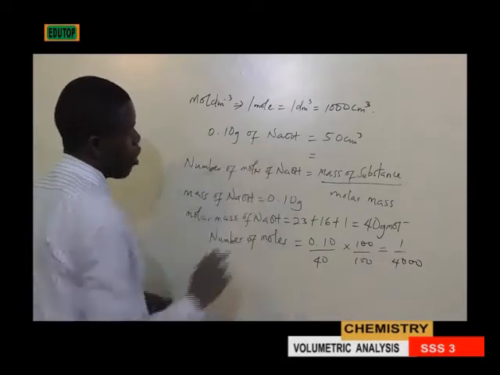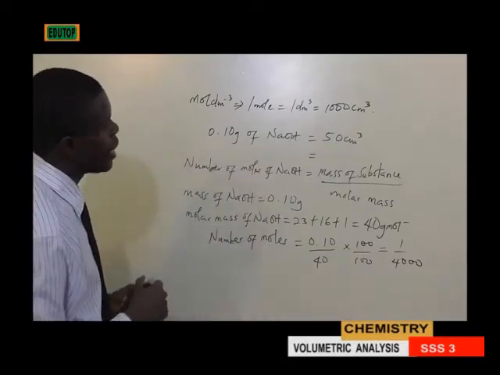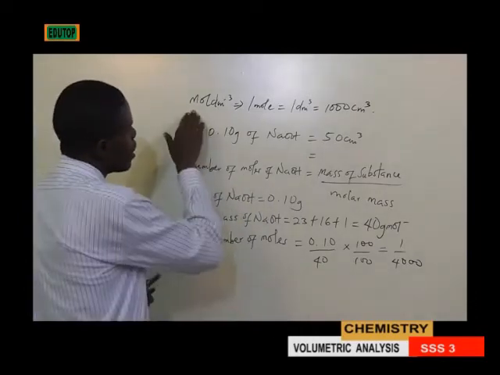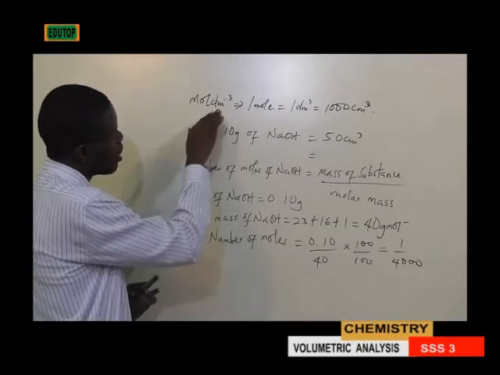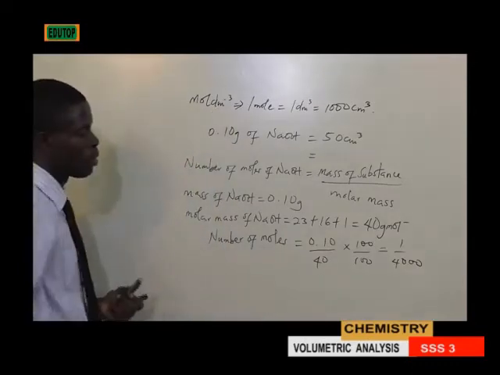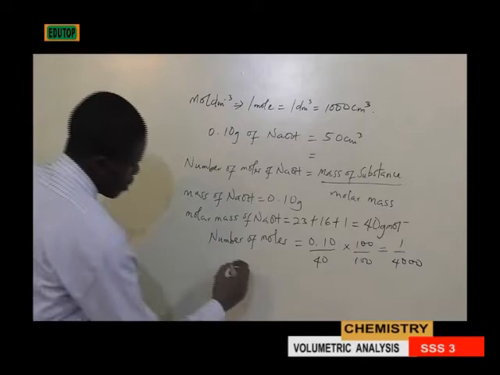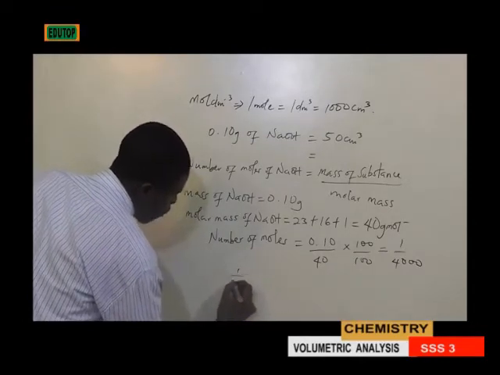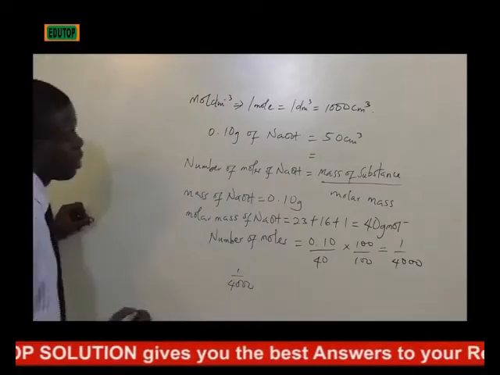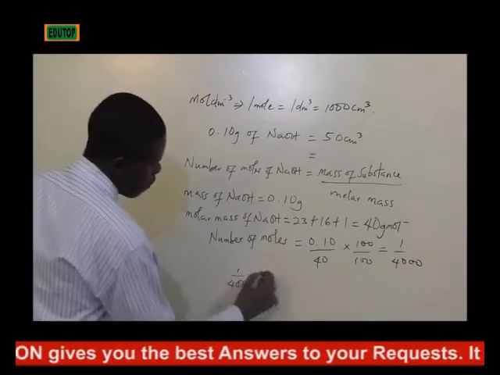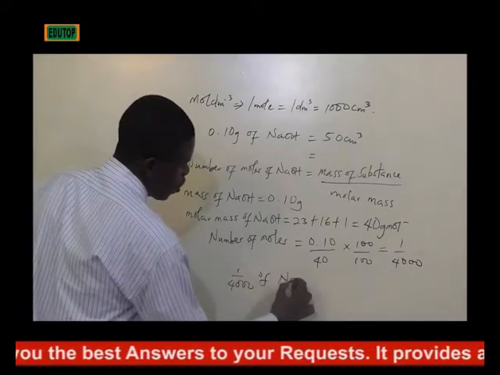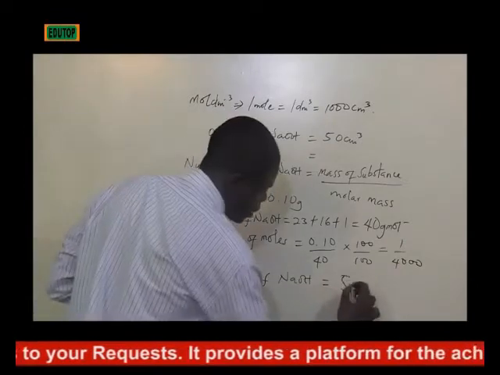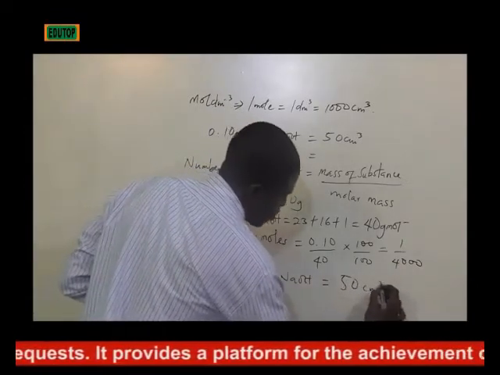And since our interest is to look for the concentration in mole per dm cube, it means that 1 over 4,000 mole of sodium hydroxide is in 50 cm cube.